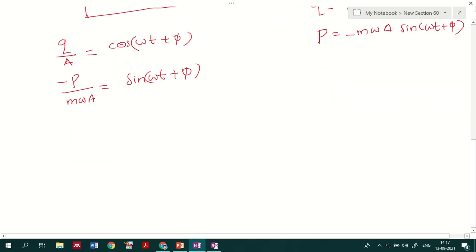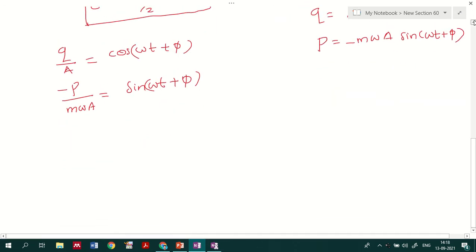Okay, now if I square this, I can write q square by a square plus p square by m square omega square a square, that equals 1, because cos square(omega t plus phi) plus sine square(omega t plus phi) will come. So after squaring, if you add together, you will get the representation equal to 1.